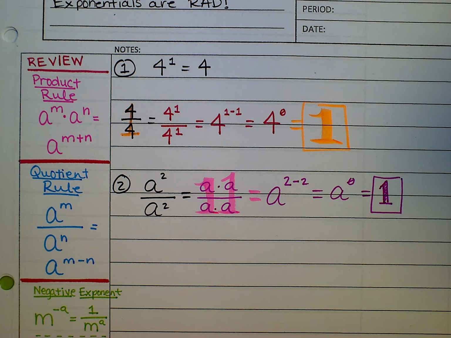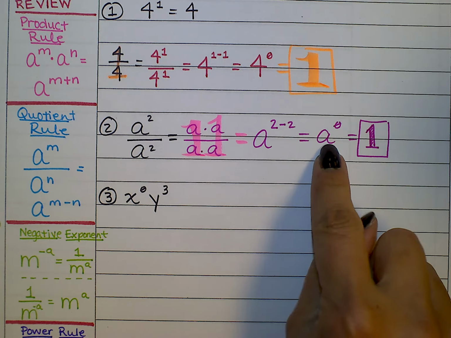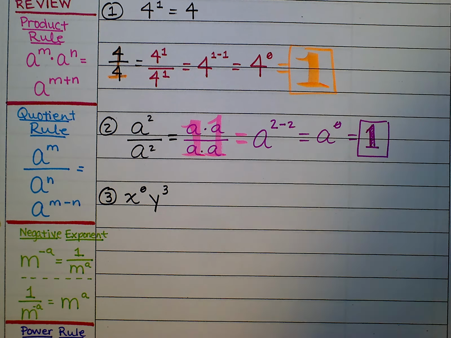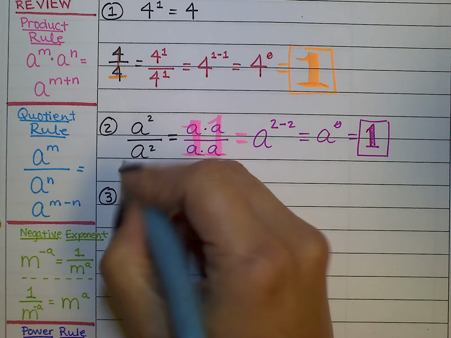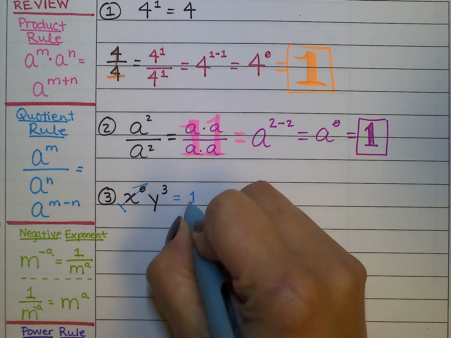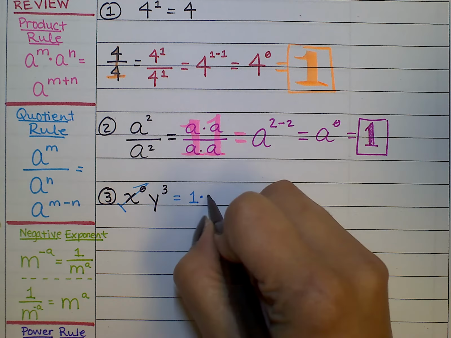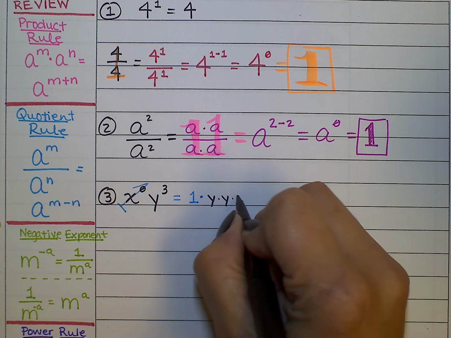Next example. What if I gave you x to the power of 0 and y cubed? Well, we already know that if we have something to the power of 0, it's equivalent to 1. So I could say 1 times, and, well, I could expand that: y times y times y.